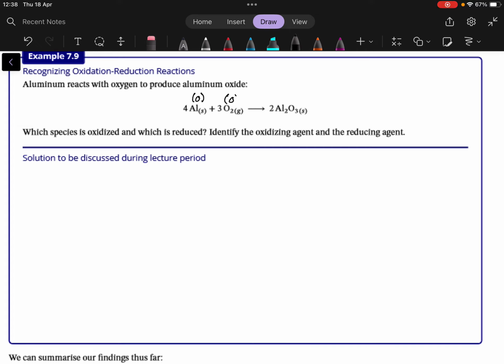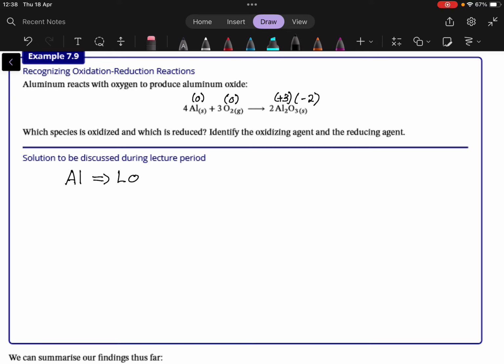So both of these go from 0, and this one goes then to +3, and oxygen is -2. So you use the -2 of the oxygen to determine what the oxidation state of the aluminium is.